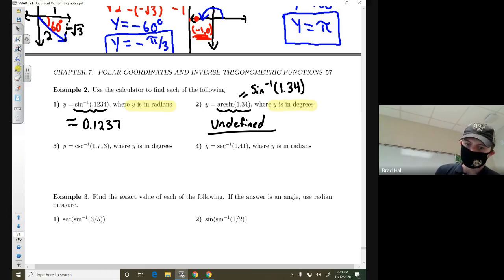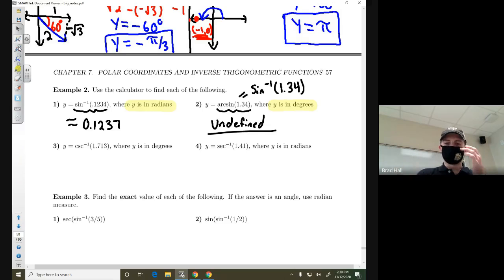Now part 3, well, this one's a little interesting because inverse cosecant, I don't see that on the calculator. So we have to do a little bit of trickery to get it into a form that is calculator usable, or calculator friendly.